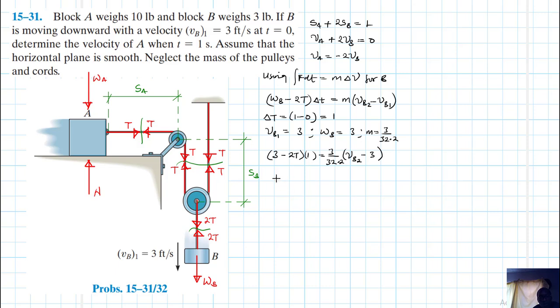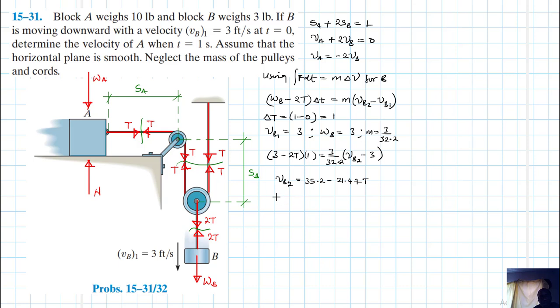Therefore, our VB2 is equal to 3 divided by 32.2, so this gives us 32, then plus 3, so we have 35.2, and 2 divided by 3, 32.2, we have a minus 21.47T.